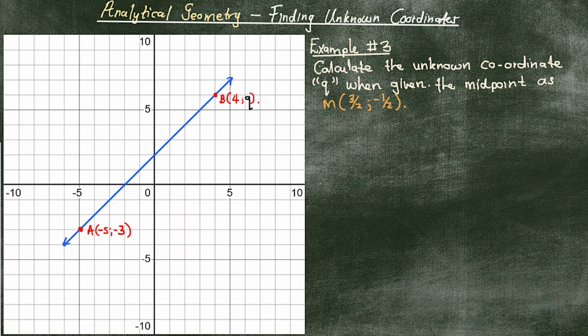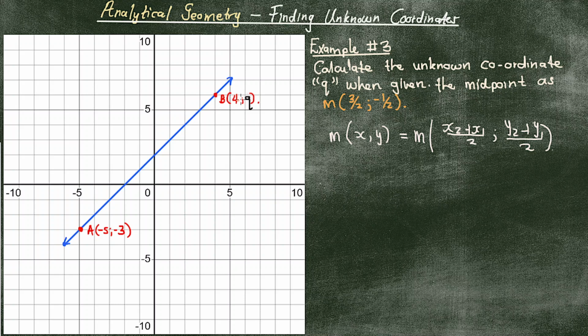Scenario number 3. Calculate the unknown coordinate Q when given the midpoint. So we have a midpoint again this time. The midpoint formula says x, y is equal to x2 plus x1 over 2, y2 plus y1 over 2. Now we have to calculate OQ.